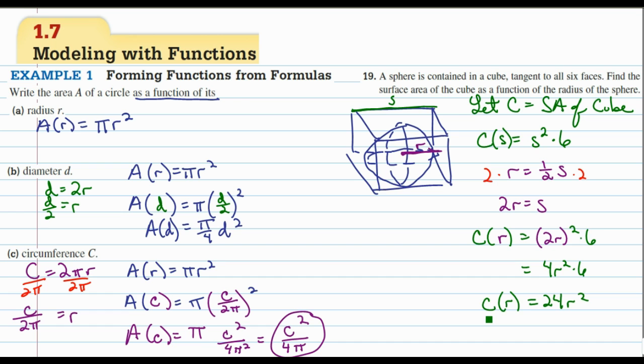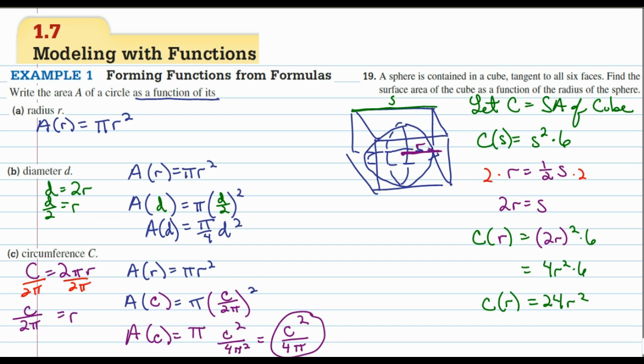So the surface area of the cube as a function of the radius of the sphere is 24r squared. So if I know the radius and I plug that in, square it, and multiply by 24, I'll have the surface area of the cube.